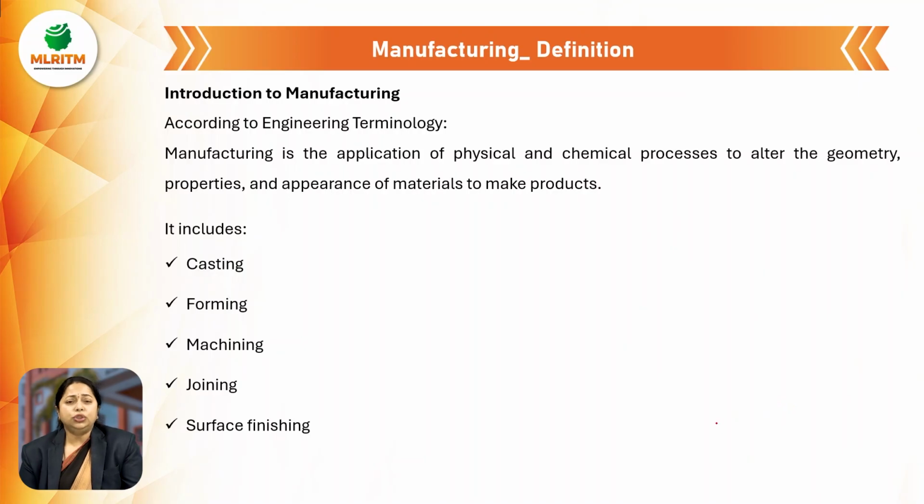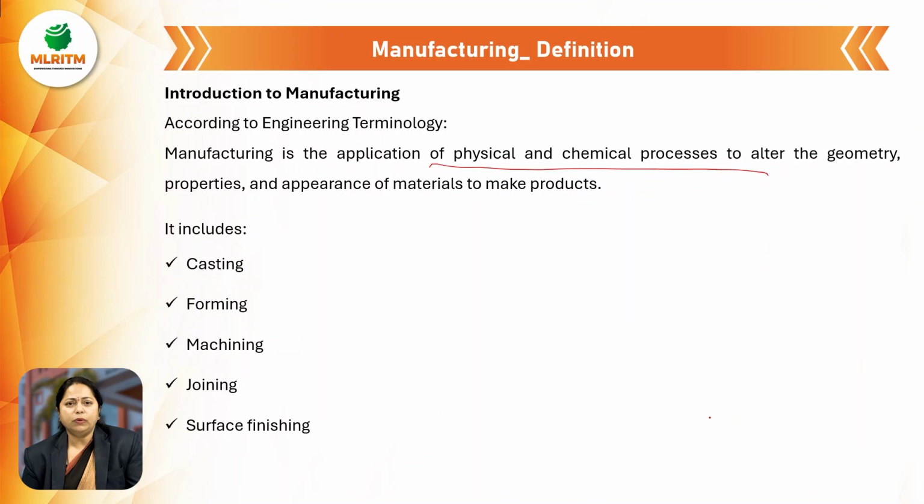We might want to change the shape, or the properties undergo some changes, or finally we are putting up some methodology there and converting the raw material into a product. So the engineering definition says that it is an application of physical or chemical process. And why are we doing this? We are doing it to alter the geometry or change the appearance and finally get the desired object.